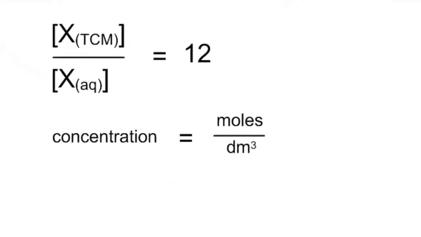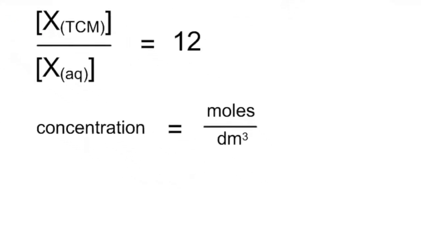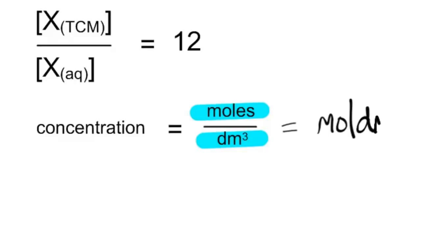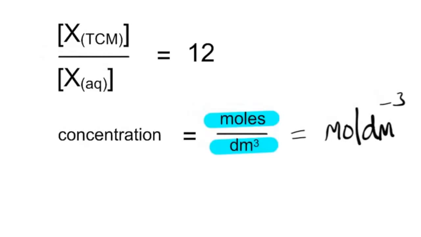Now, how do we normally express the concentration of a chemical? As moles per cubic decimeter, or mol dm to the minus 3. But so long as we express the concentration on the top line and the bottom line in the same units, it will be okay because the units will cancel.